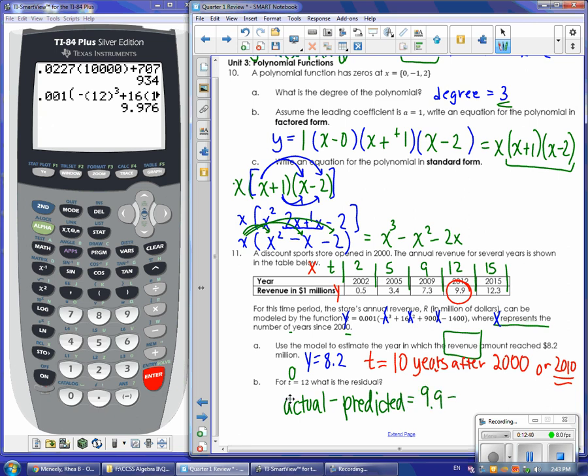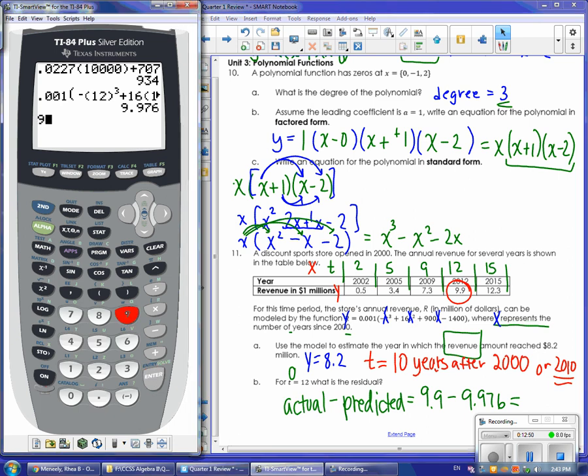And I just calculated my prediction, which is 9.976. And so I'm going to subtract this on my calculator. Make sure that you subtract in the correct order. So 9.9 minus 9.976. And I'm going to get a negative 0.076.